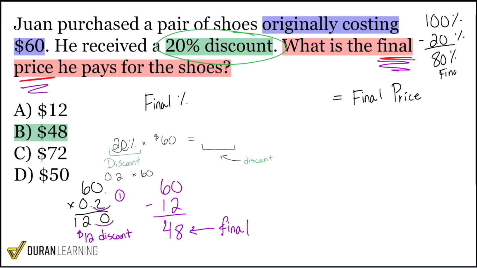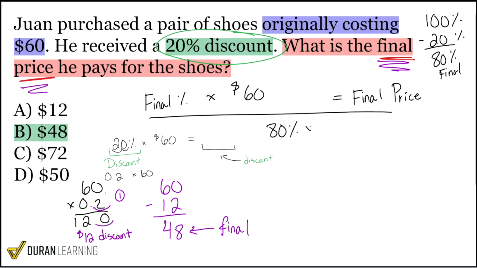That's the final percentage. So this right here would turn into 80% times the $60, and that'll give us the final price.